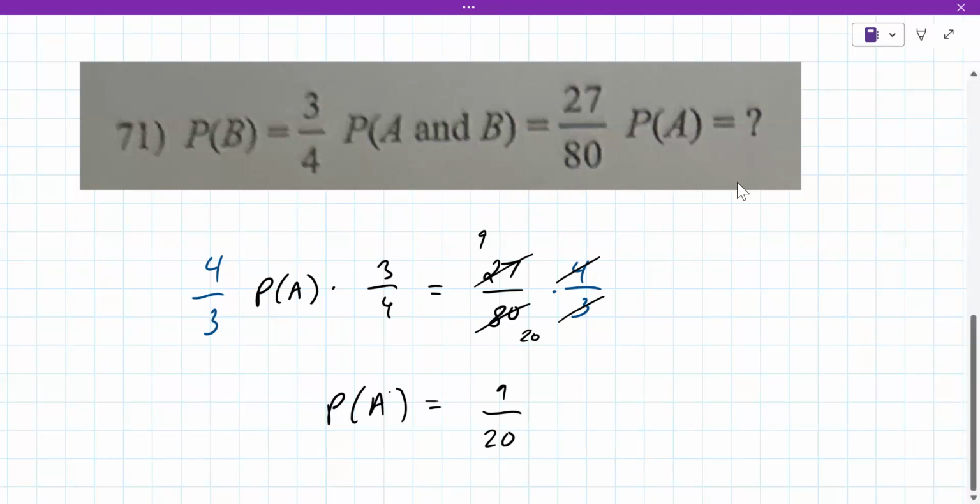Oh, it actually would be the same thing. It's 9 over 20. It's like they ran out of numbers to use.